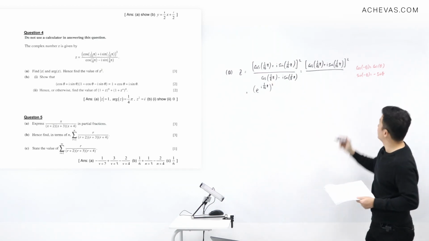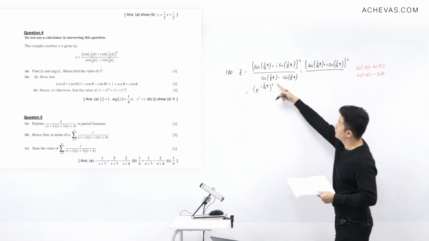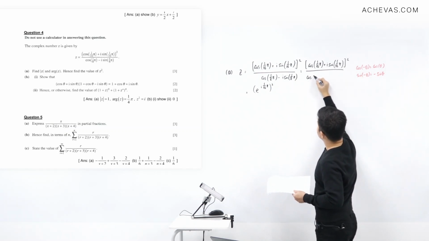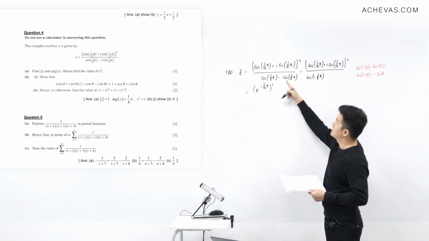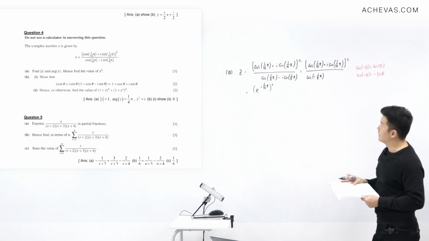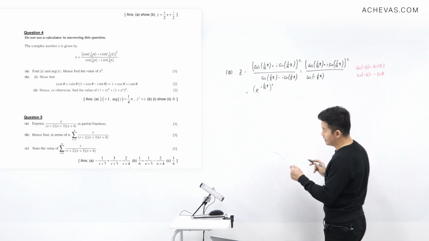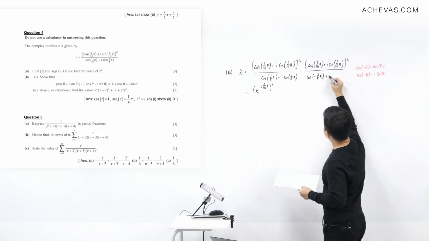For the denominator, cosine 1 over 8 pi, cosine theta is going to be the same as cosine of minus theta. So I'm going to convert this to cosine of minus 1 over 8 pi. Then minus sine 1 over 8 pi, and minus sine theta is the same as sine of negative theta. So this denominator is going to become plus i sine of minus 1 over 8 pi.